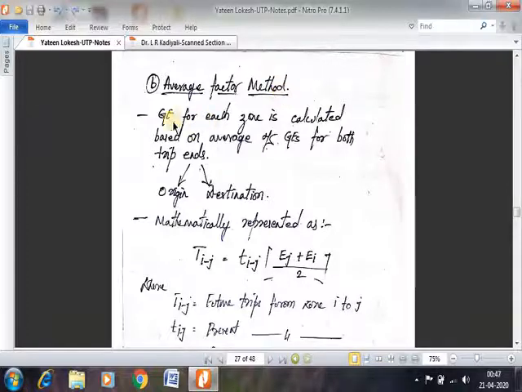So what we do here is the growth factor for each zone is calculated based on the average of growth factors for both trip ends, that is origin and destination. So rather than having a single growth factor as in the previous method, you will be taking an average of the origin growth factors and the destination growth factors. So you will be having two such growth factors in this. You will understand what is going to happen here when we start solving the problem.